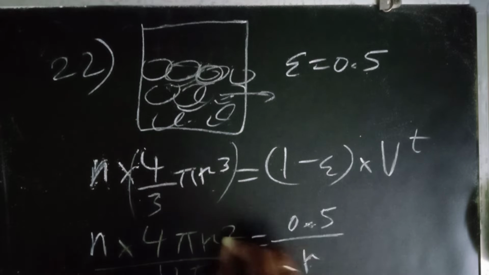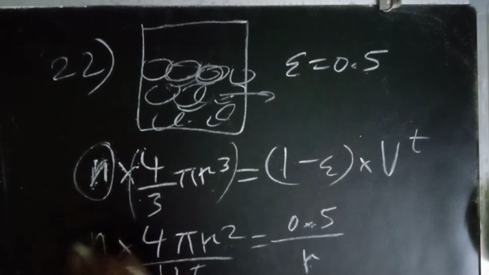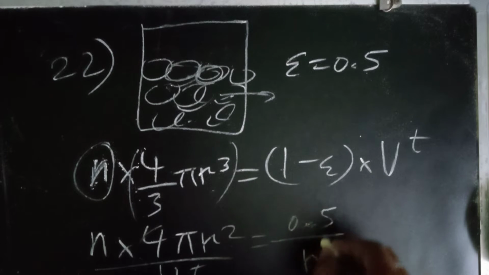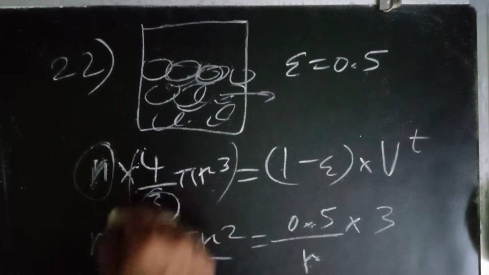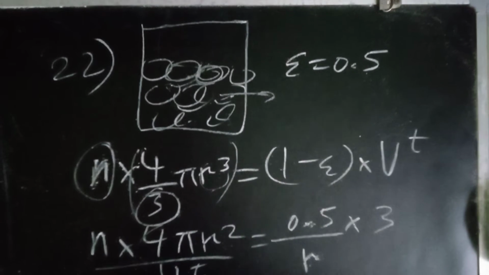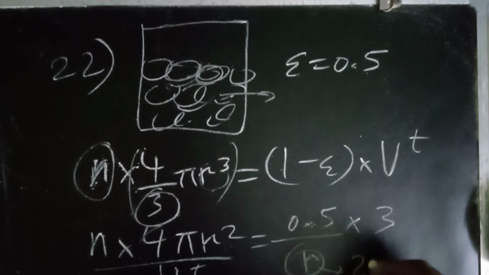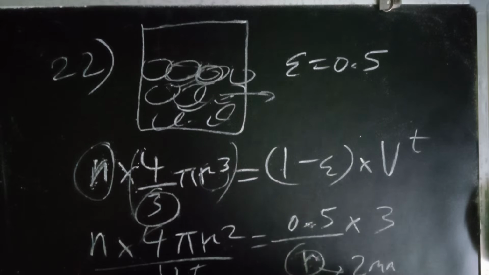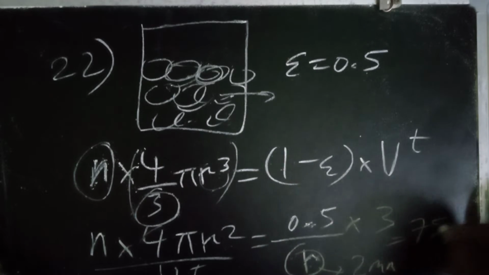Okay, if this goes up, so this r cube, you can just put the value of n here and multiply the whole thing, so you will get 0.5 r into 3, because this 1 r is there extra, and the r was given as 2 millimeter. Diameter was given as 4 millimeter, but r was 2 millimeter, so this came up around 750.